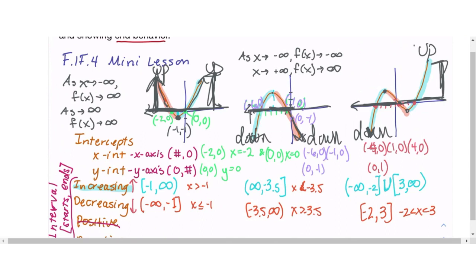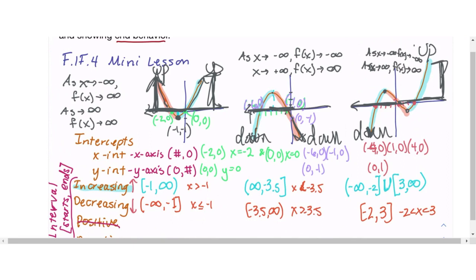So this one you would write as x goes to negative infinity, f of x goes to negative infinity also because it's going down. And then as x goes to positive infinity, f of x goes also to positive infinity.